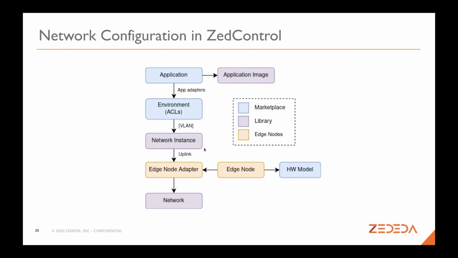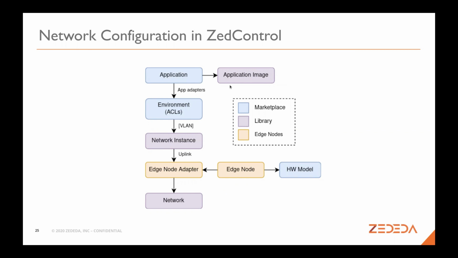But now going up to the applications, you will be creating network instances under the library. For each of them, you associate the network instance with the edge node. And from the list of edge node adapters, you choose one as an uplink, or you select the uplink constant, saying that you don't care which adapter is used as uplink. This is done in the library. Then in the library, you will also create the application image.